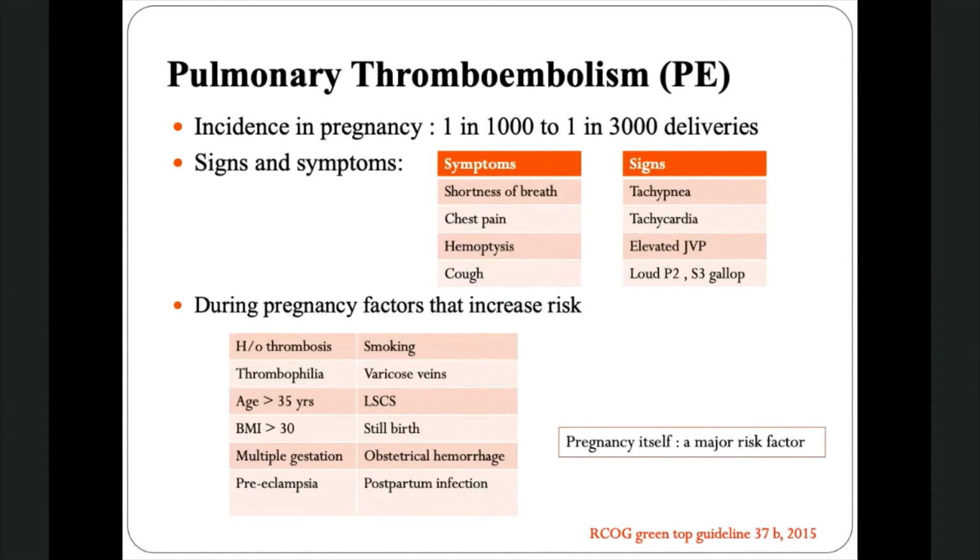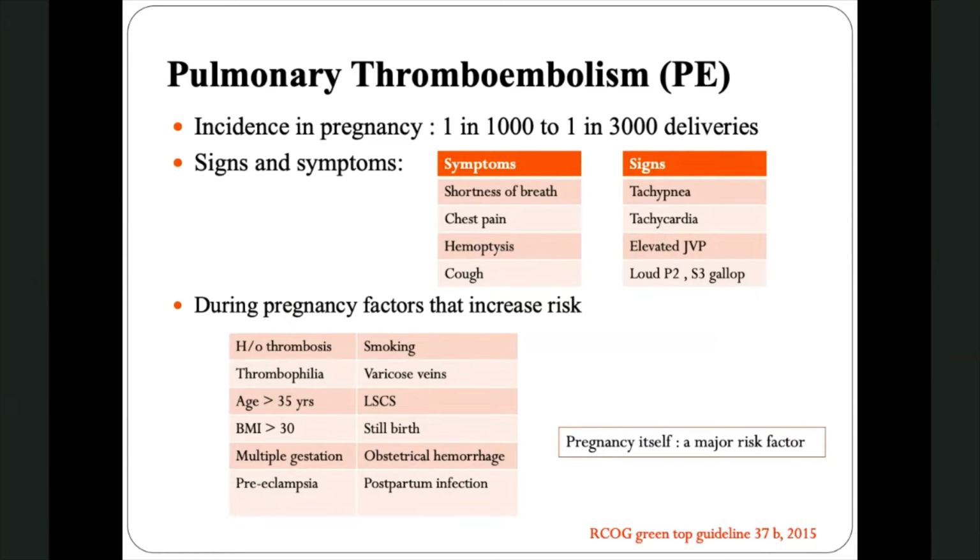Now, let us come to this very important entity that we have so commonly nowadays, pulmonary thromboembolism. So, the incidence of pulmonary embolism is 1 in 1,000 to 1 in 3,000 deliveries, which is very high. So what are the signs and symptoms? There is sudden onset shortness of breath, chest pain, hemoptysis might be there, cough might be there.